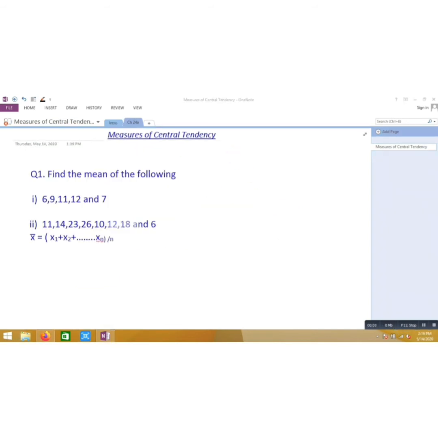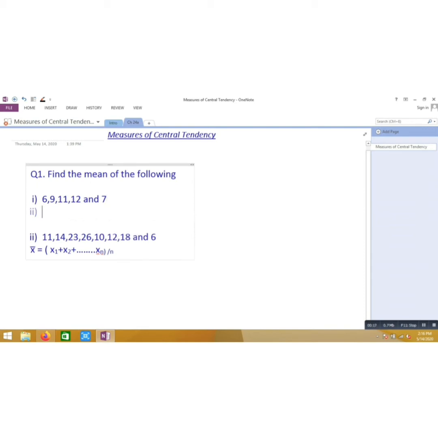So question 1 from chapter 24A. Find the mean of the following. The formula for the mean is all the data points we need to add divided by number of data points. So in the first part of the question, we need to add all the values 6 plus 9 plus 11 plus 12 plus 7 divided by the number of points over here, which is 5.